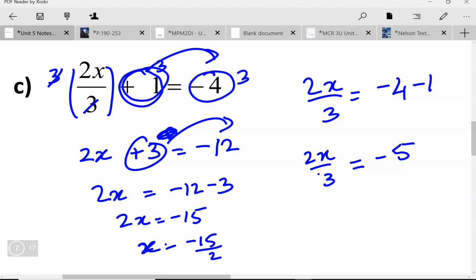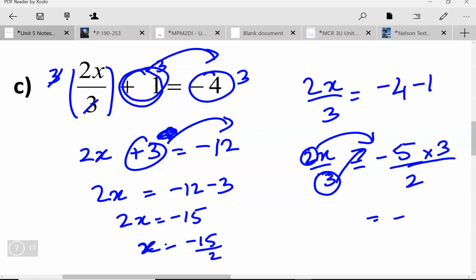And then, again, get rid of multiplication and division. So you're getting rid of this 2. It was multiplied here, so you're going to move it to this side. It's going to become division, or in the denominator. Here the 3 is in the denominator. You move it over to that side. It's going to go to the numerator. So therefore, this is negative 15 over 2 as well. Same idea, right?